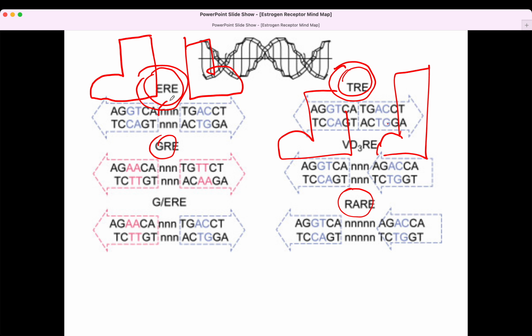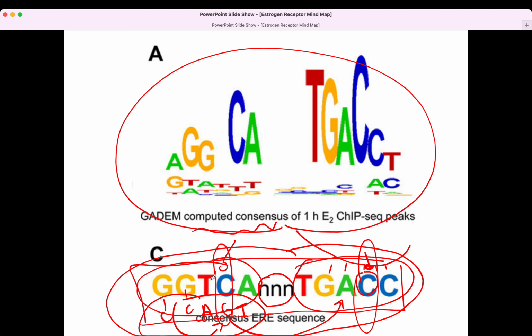The estrogen receptor requires these 3 nucleotides, could be any letter, but 3 nucleotides to create a space where this dimer is a little bit spread out apart, and this one requires no space. Of course, you don't need to memorize the sequences, but just be aware that there's an averaging of all of the enhancers that function as estrogen response elements, and the averaging creates a consensus sequence.